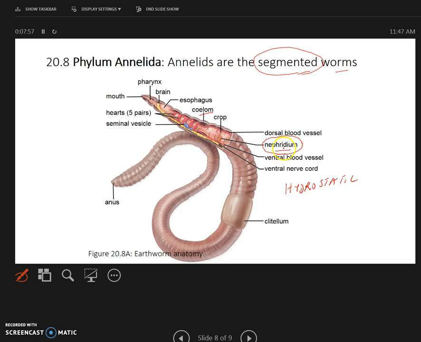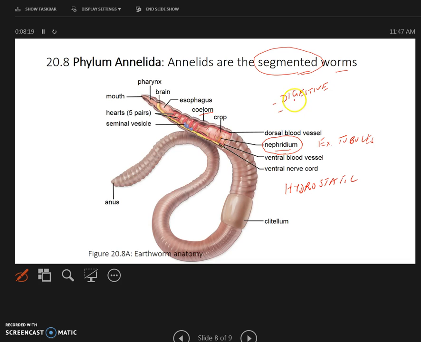So here they have the nephridium. These are the excretory tubules, and these tubules collect waste products and excrete them out. And what is so interesting is that they have a complete digestive system. So the digestive system is complete.